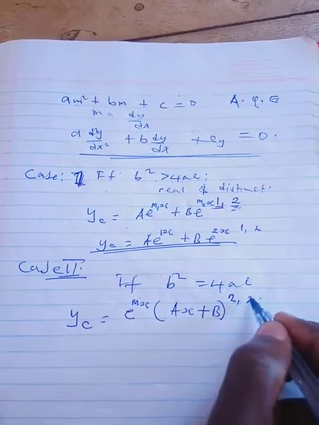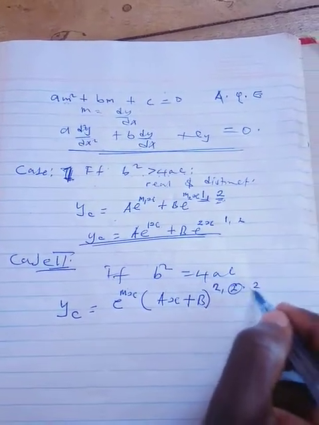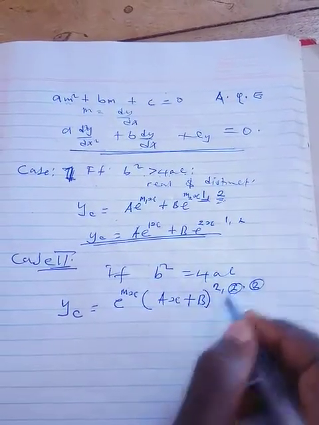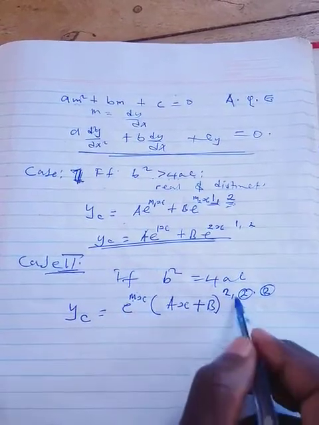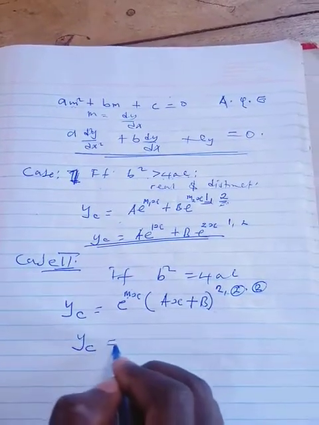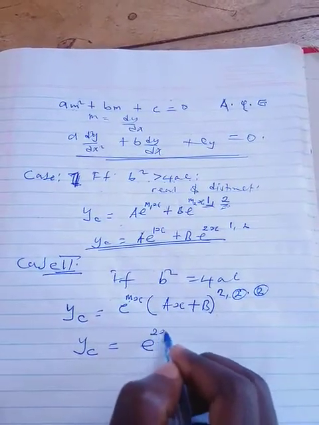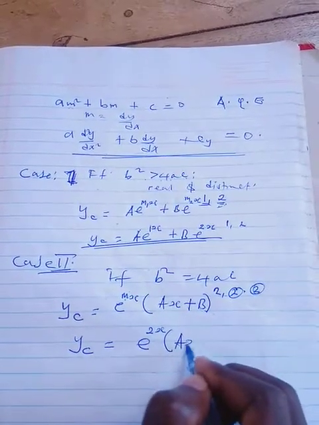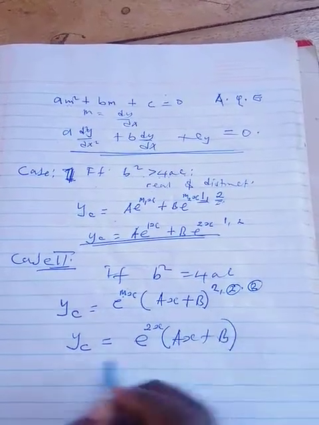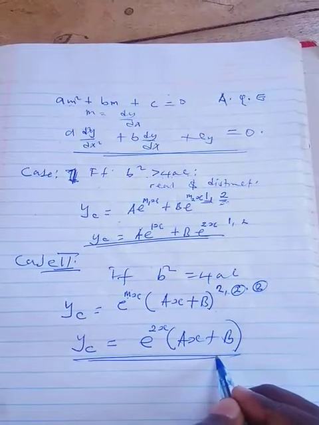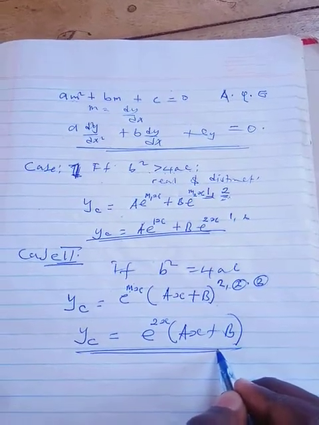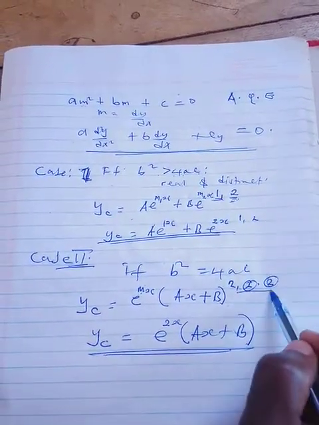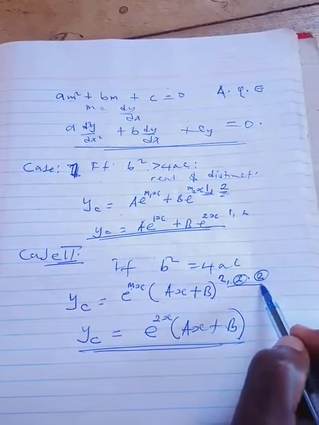This means that of the repeated factor, you take only one factor, this m. So if it is 2, then our complementary solution will be exponential of 2x into (ax plus b). This is when your auxiliary equation gives you the same factor, which are equal.